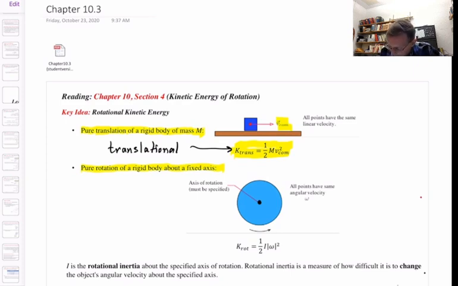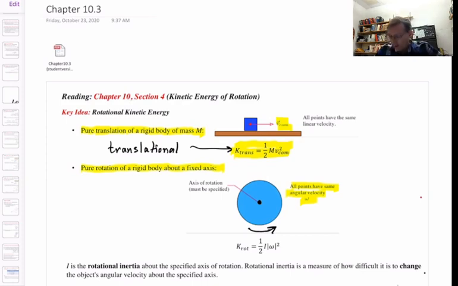As we watch it from above, the whole thing is rotating counterclockwise at some angular rate. So I can talk about its angular velocity at any given time. In fact, all points on the body have the same angular velocity. That was the previous video lecture. All points in a rotating rigid body have the same angular velocity.